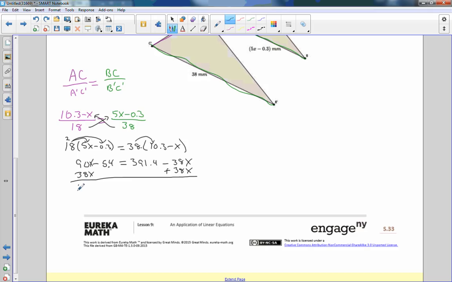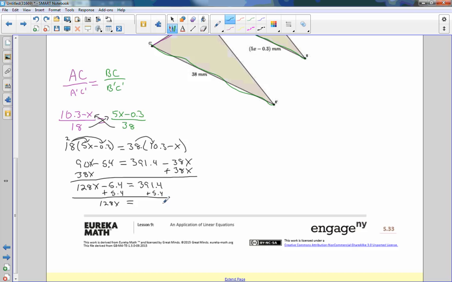90 plus 38 is 128x minus 5.4 equals 391.4. Okay, add 5.4. Add 5.4. 128x. These cancel.